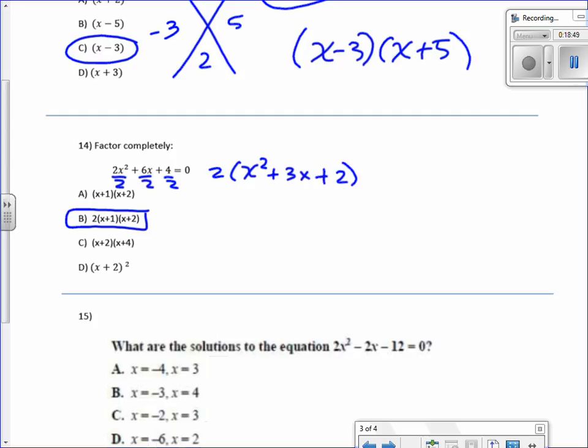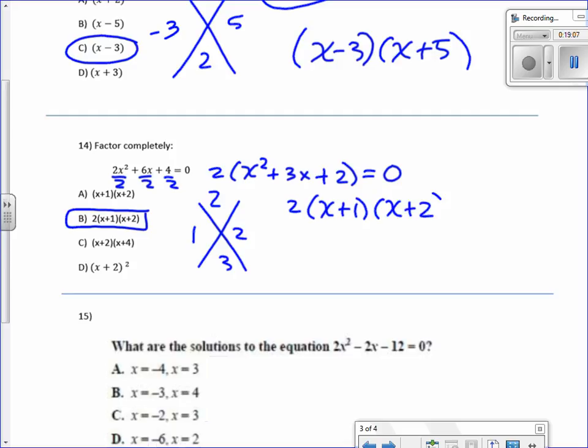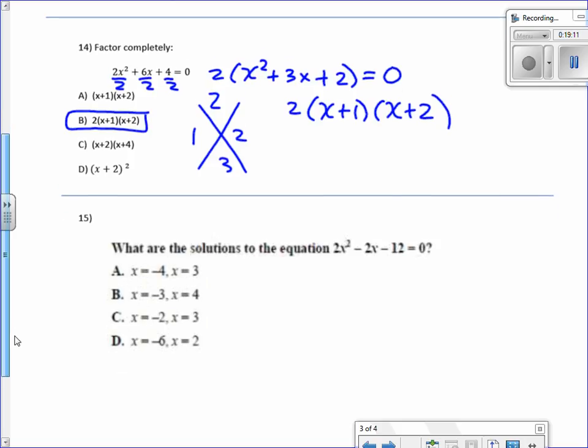Sometimes, you have to work smarter, not harder. But we'll go ahead and work it out. So this is 2 on top, 3 on the bottom. What numbers multiply to make 2? Well, there's only 2 of them, and they also add to make 3. So this factors into 2 times x plus 1 times x plus 2. And there it is. That's the one we circled.